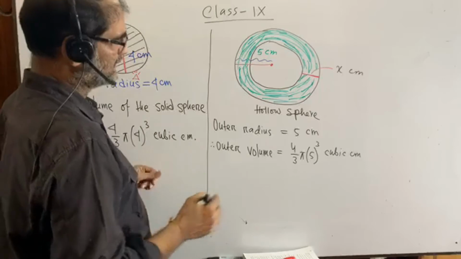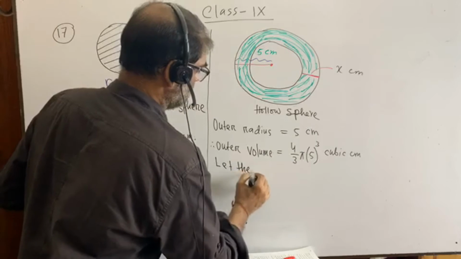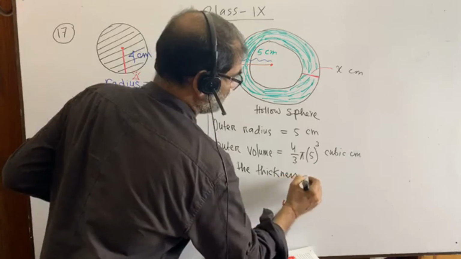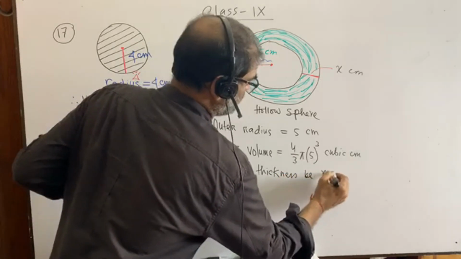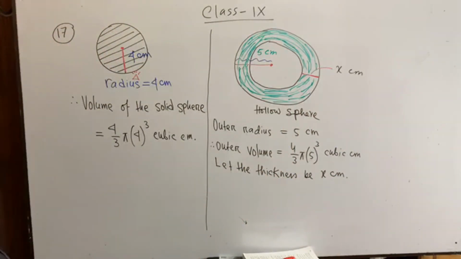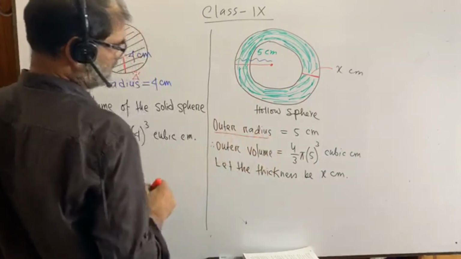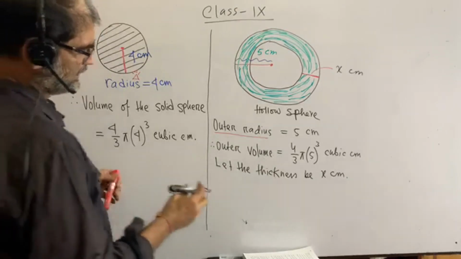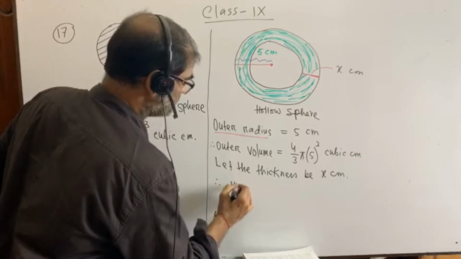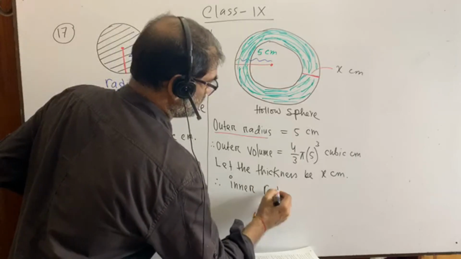Write down, let the thickness be x centimeter. So the outer radius is 5 centimeter. Therefore its inner radius equals to what?